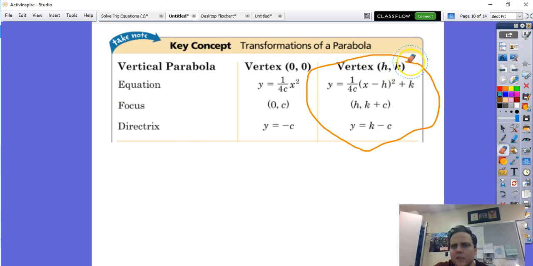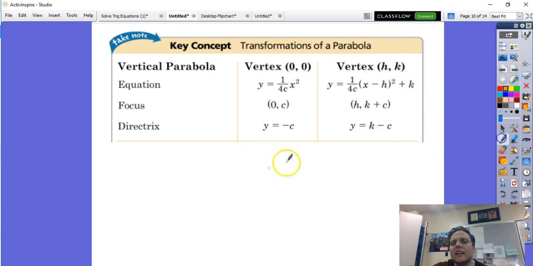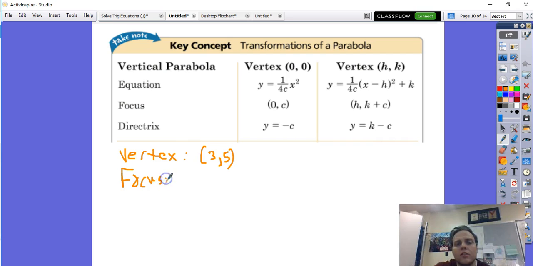So the very first problem on the very first slide I showed you said, hey, given that we have a vertex at the point (3, 5), and we have a focus at the point (3, 7), can I find and write the quadratic equation in vertex form?